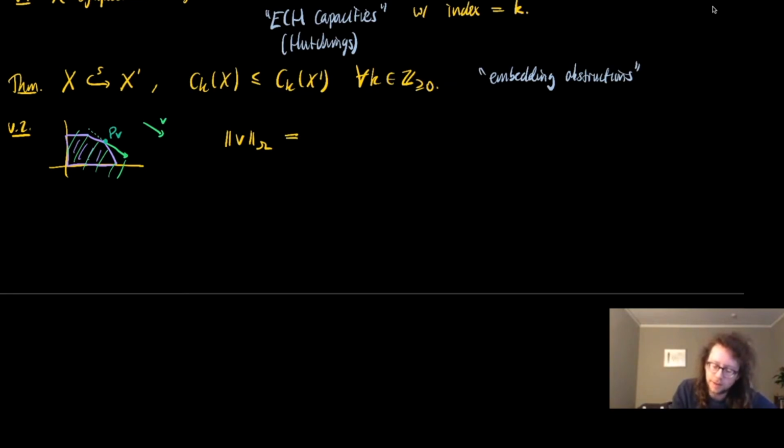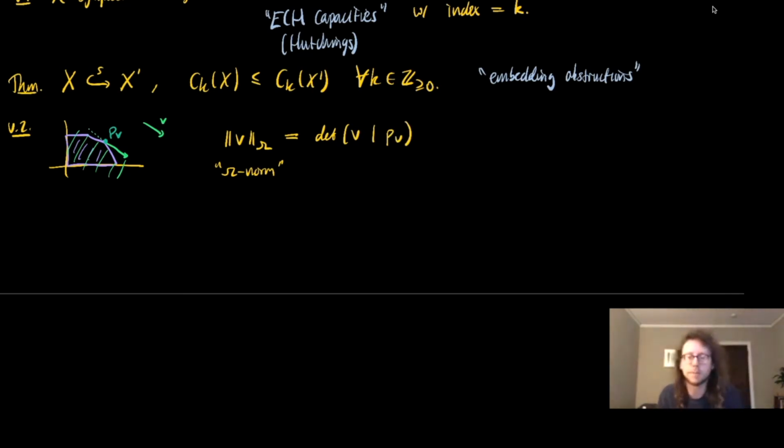Then the so-called omega norm of V is defined to be the determinant of the matrix with columns V and PV. Okay. So it's essentially just a weighted pseudo-norm on R2, which is kind of weighted or controlled by this omega.